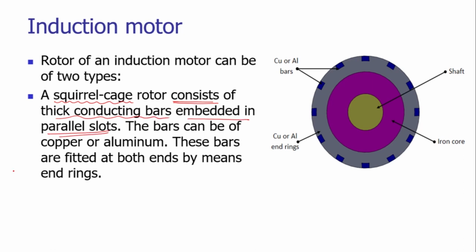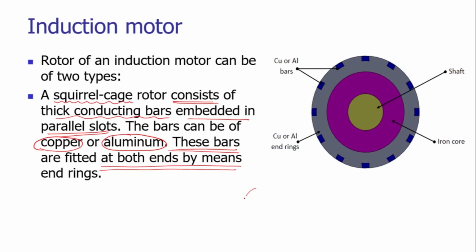The rotor body has parallel slots and we are embedding the thick conducting bars in those parallel slots. The bars can be of copper or aluminum, which are very good conductors of electricity. At the end, the bars are fitted by means of end rings.